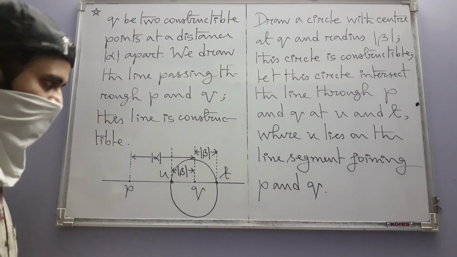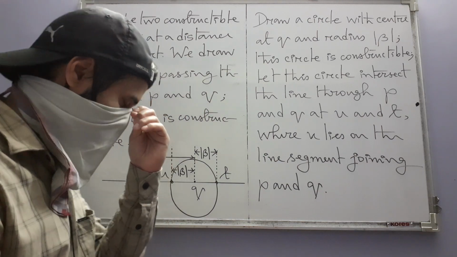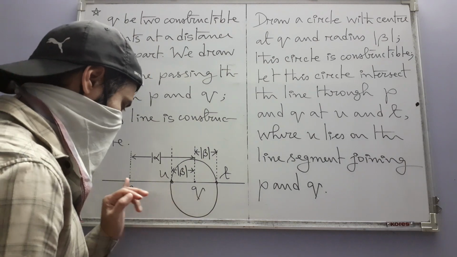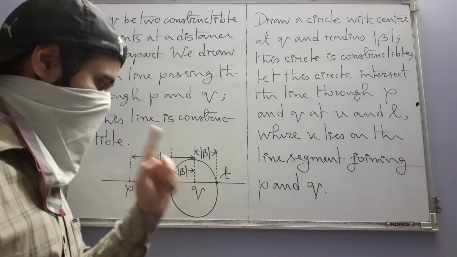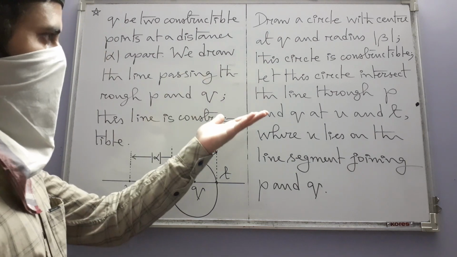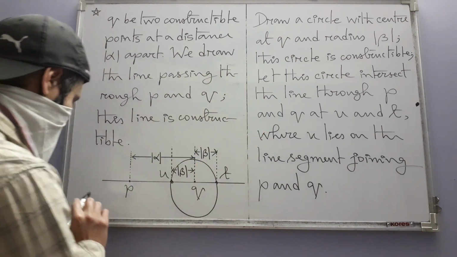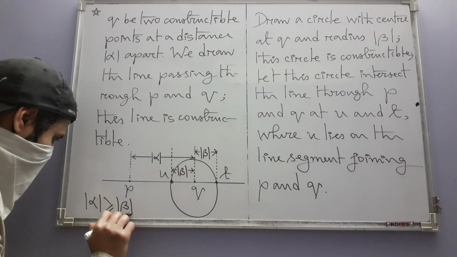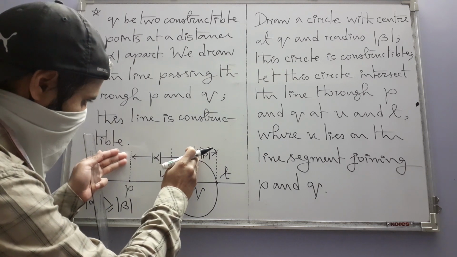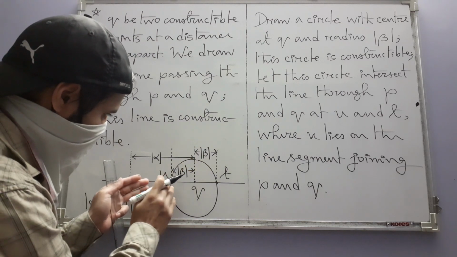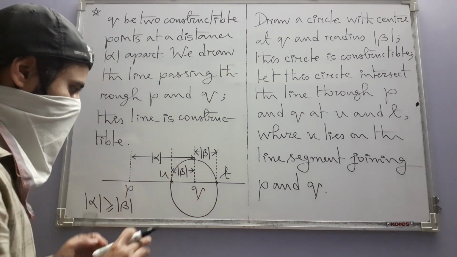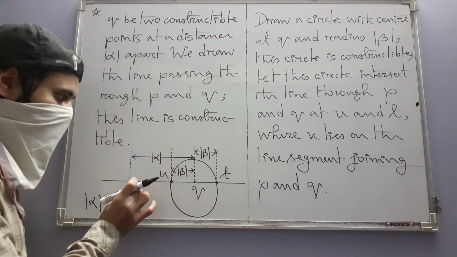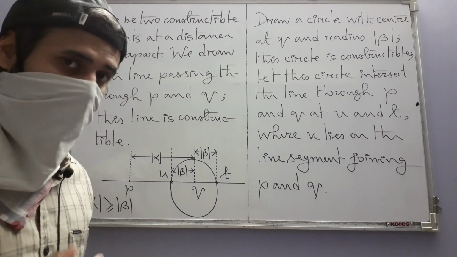Okay, but the question is, what is the guarantee that U lies between P and Q? That is because in the beginning itself we have assumed that the absolute value of alpha is greater than or equal to the absolute value of beta. So this much is greater than or equal to this much. That's why U lies between P and Q. But in case you have equality, actually P and U coincide. That possibility is also there.